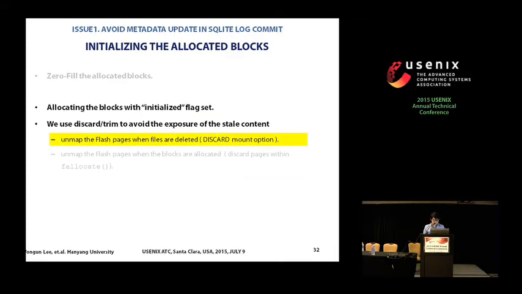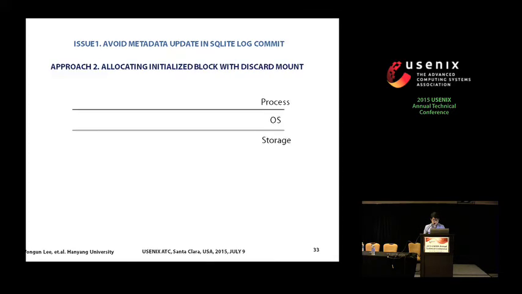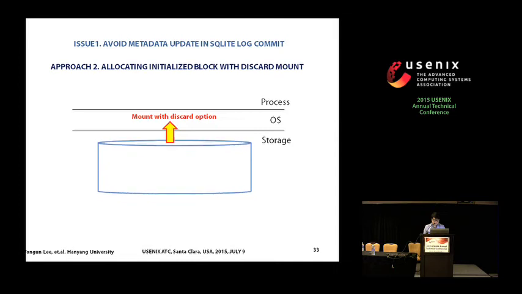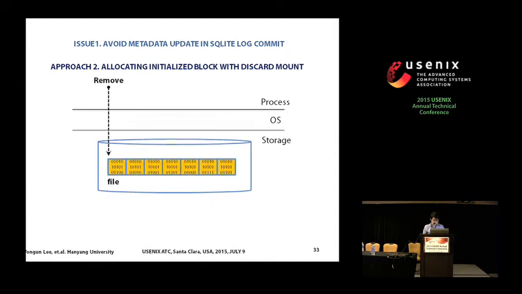In the second approach, we mounted the file system with the discard option. When file blocks are deallocated with the discard mount option, the file system issues the discard command to erase them, so newly allocated blocks are always free from exposing stale contents.